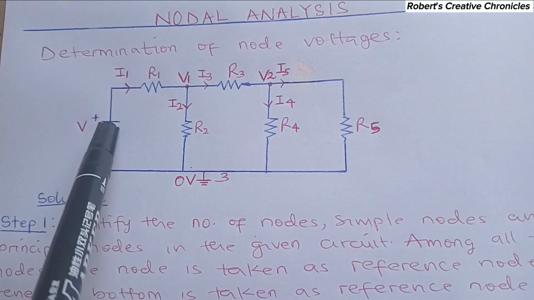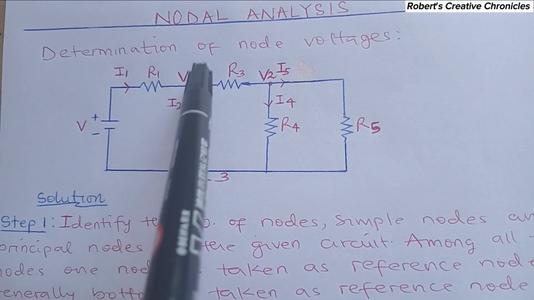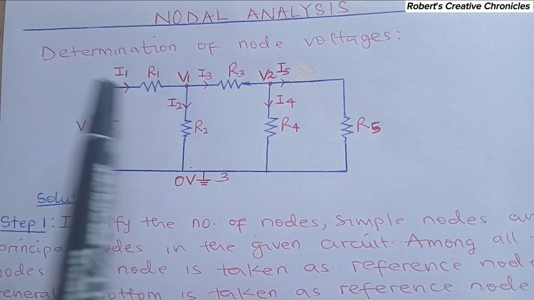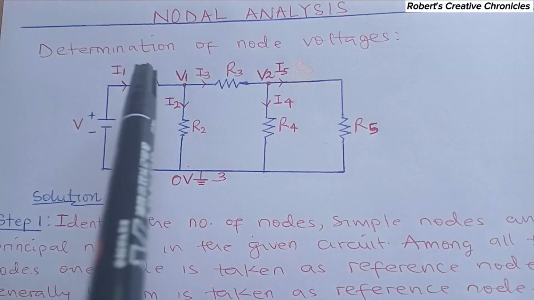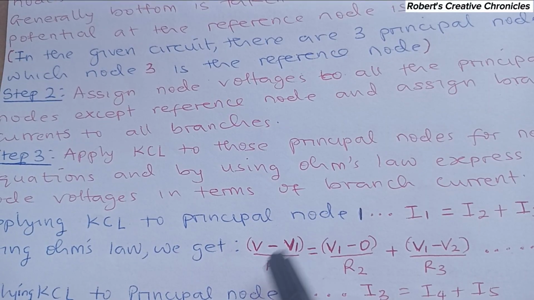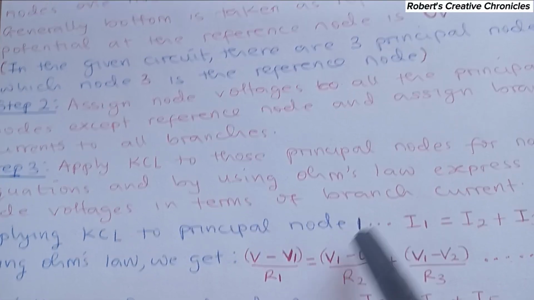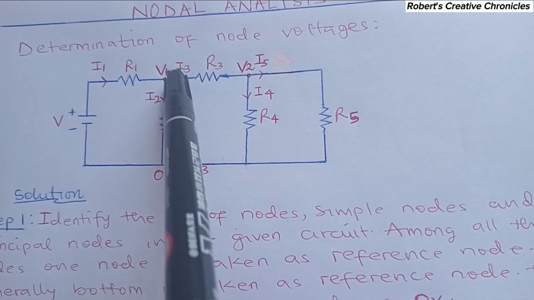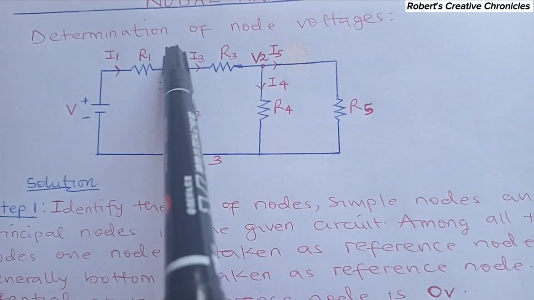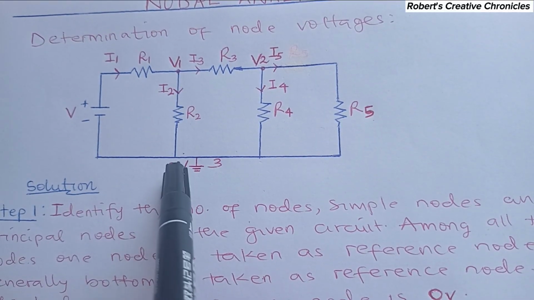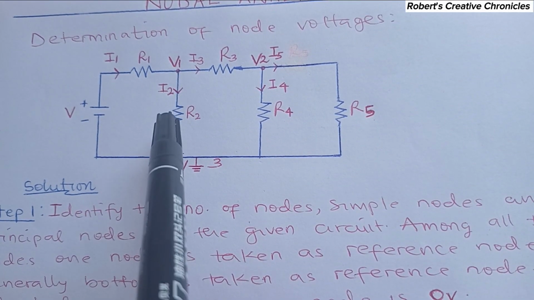Since current moves from higher to lower potential, in this case V to V1 respectively, I1 is V minus V1 divided by R1. Now I2 in the same way: current will flow from the higher potential V1 to the lower potential, which is 0 volt.